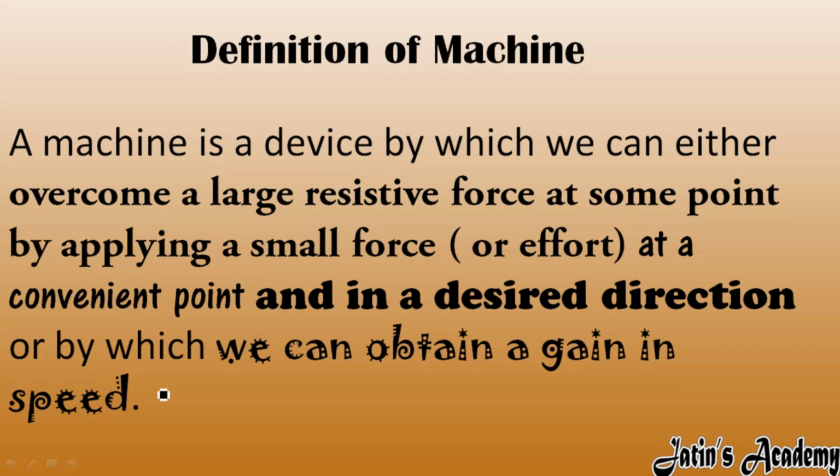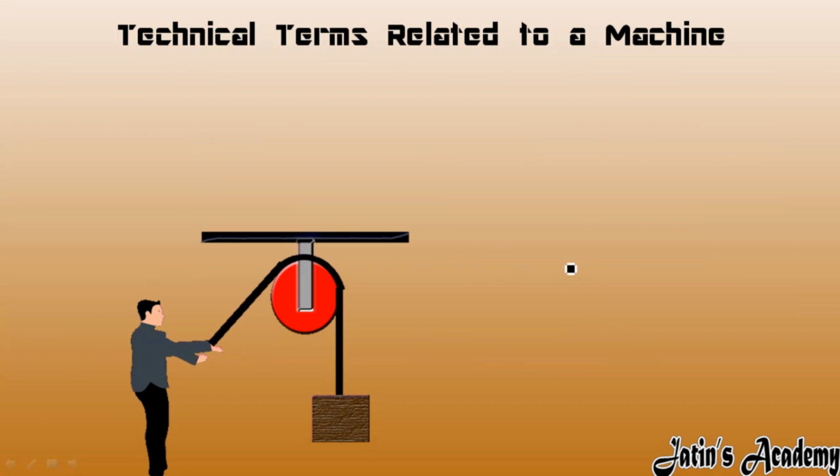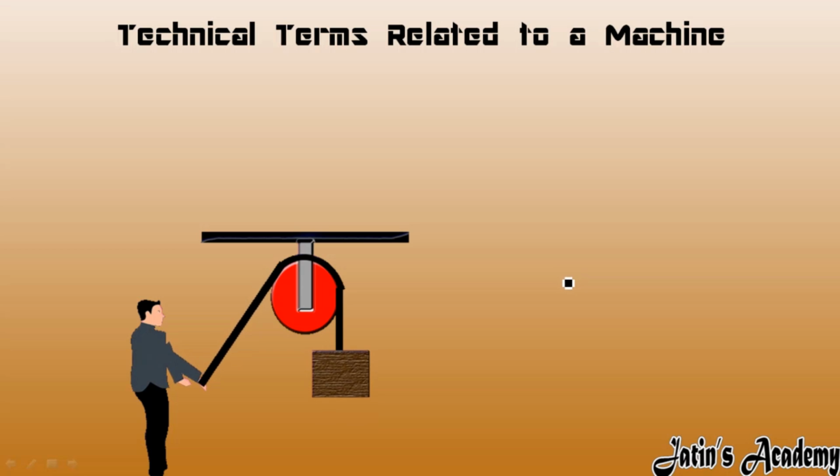So basically this is a complete definition of a machine, taken from the functions of a machine. Now we have to see some technical terms related to a machine.